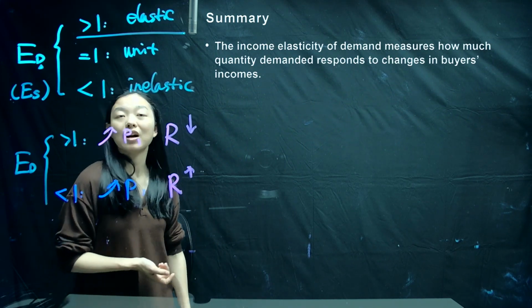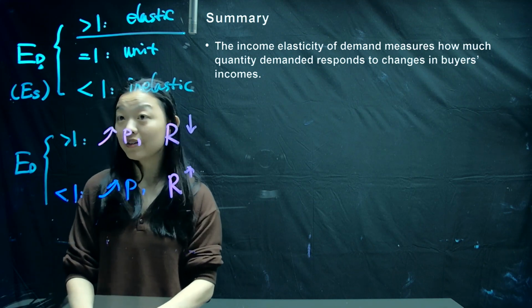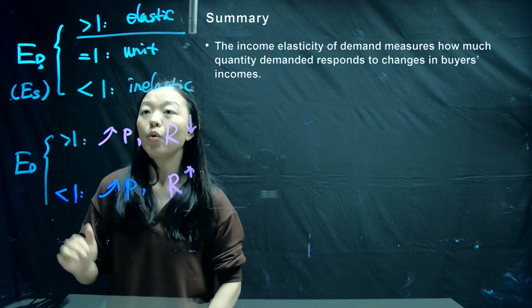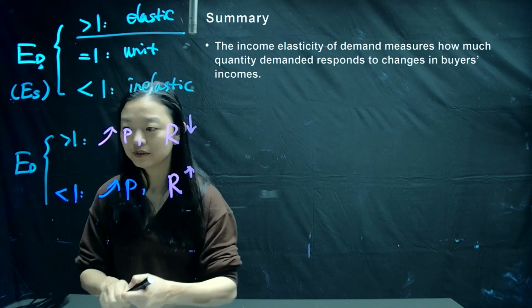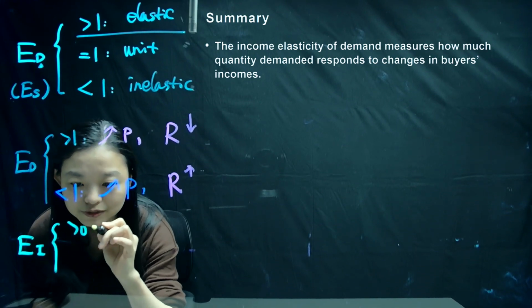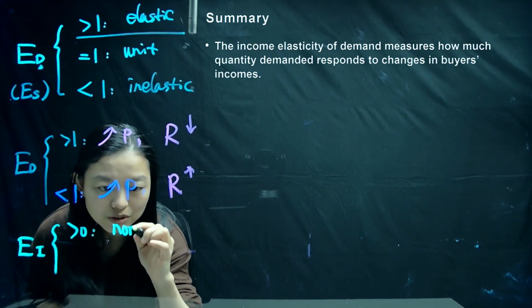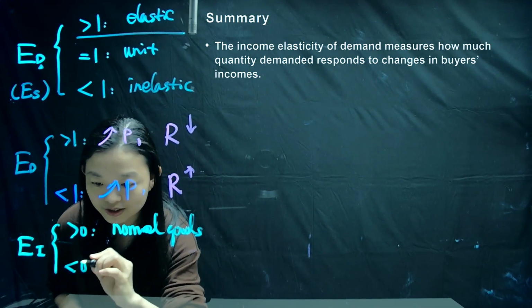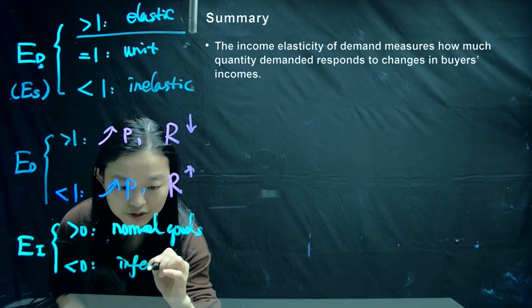For income elasticity of demand, I emphasize again, the sign is very important. If it's positive, it means they are normal goods. If it's negative, it means they are inferior goods.